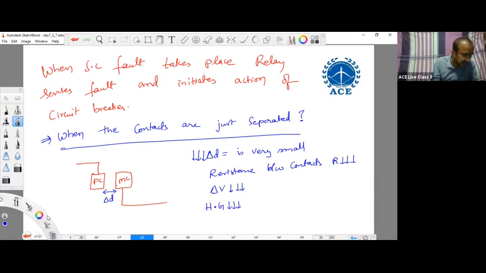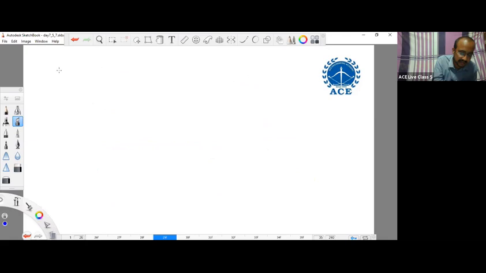But what about the electric field intensity? E = delta V by delta D. Here the spacing between the contacts is very less, so the electric field intensity existing between the contacts is very high. Let us analyze with an example. Suppose delta V is 100 volts, and the spacing between the contacts is 1 into 10 power minus 6 centimeters.